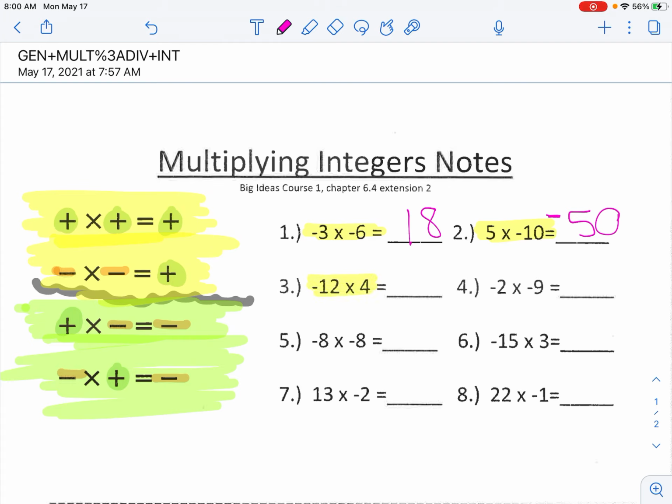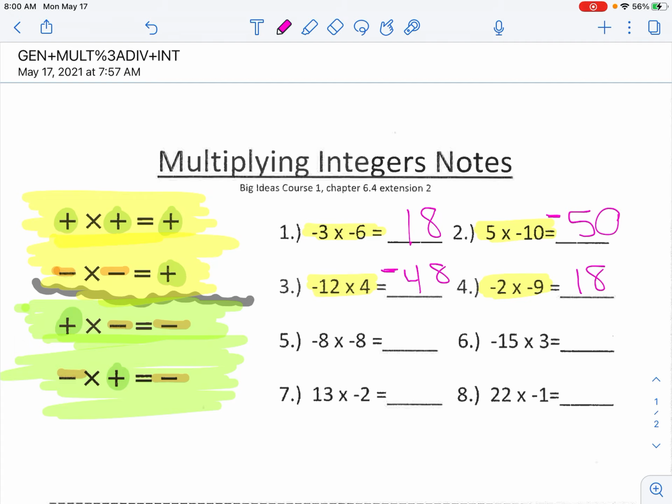-12 times 4. Well, 12 times 4 is 48, and I've got a negative times a positive. That looks like rule number 4. Negative times positive, opposite signs, equals a negative answer. Number 4, -2 times -9. Well, 2 times 9 is 18.